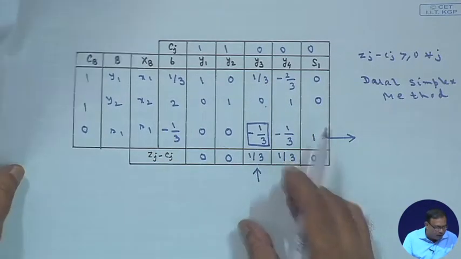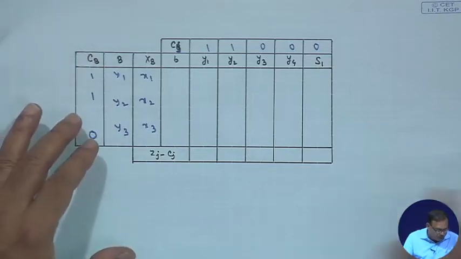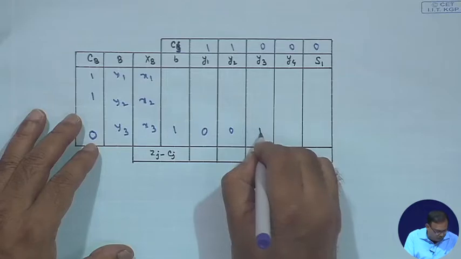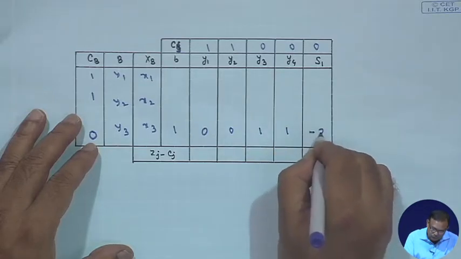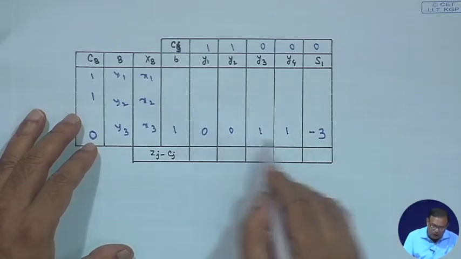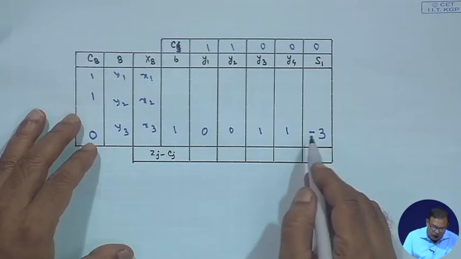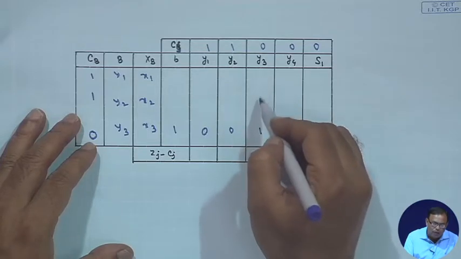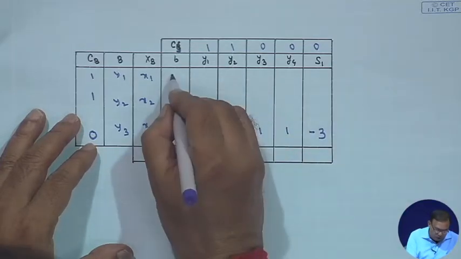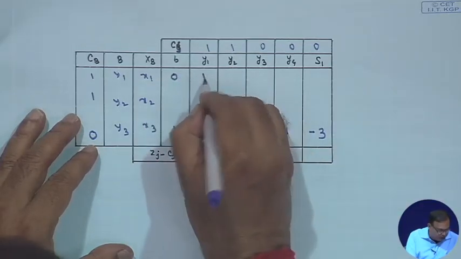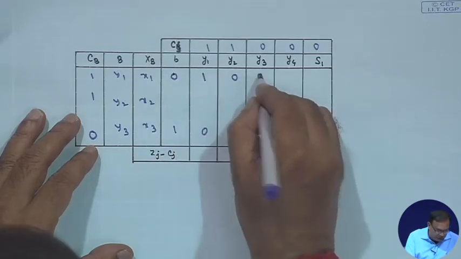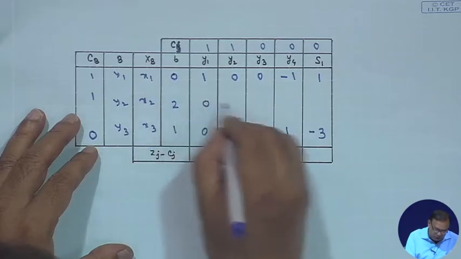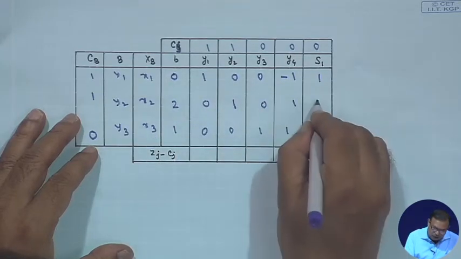After performing the row operations, this will become 1 0 0 1 1 minus 3. I have to make the other elements such that on Y3 the components are 0. So, you will obtain in the first row 0 1 0 0 minus 1 1, and for this case you will obtain 2 0 1 0 1 3.